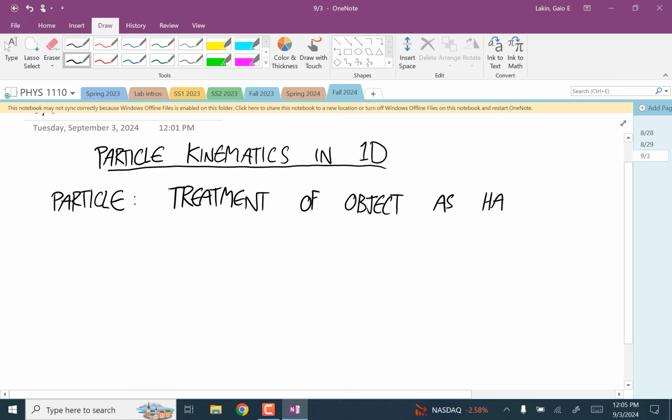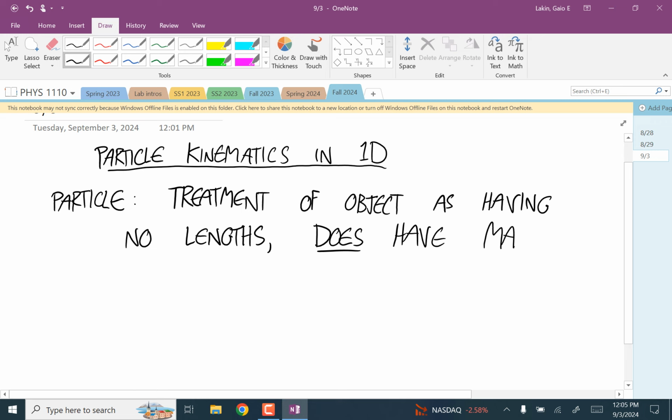And so we're treating this object as having no lengths, but it does have mass. And because it doesn't have any lengths, it just exists at a single point.